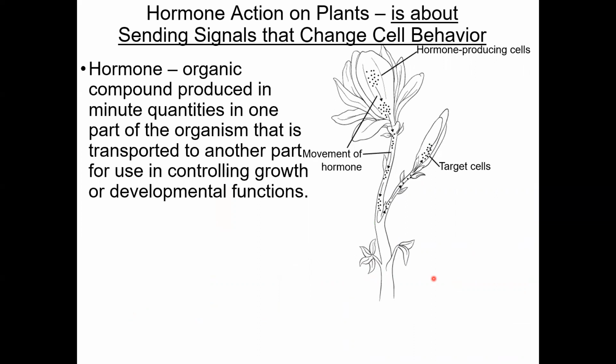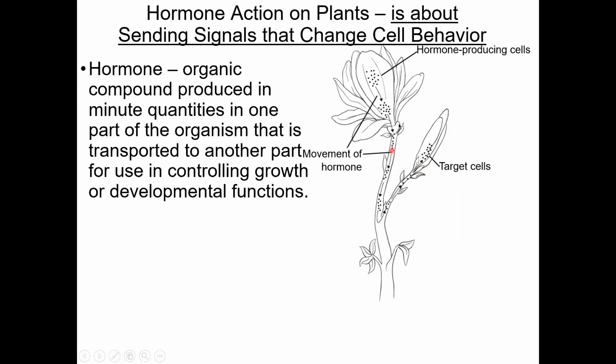All right. Now, hormones are transported to another part, controlling growth and developmental functions. This transport business is something we see in animals, but the transport distance here is not very far. For example, a hormone can move from one place to another, could be in the leaves and move to the stem.